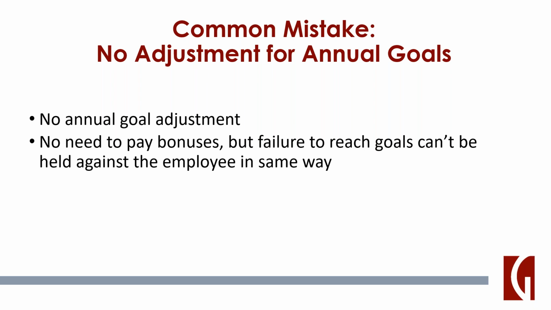While that's true, there also still does need to be an adjustment for annual goals, like Pam in this situation. The FMLA doesn't require that bonuses be paid if those annual goals that were initially set aren't met, but the failure to reach those goals based on the fact that the employee was on FMLA leave can't be used against that employee.